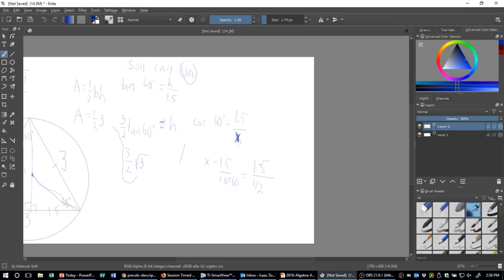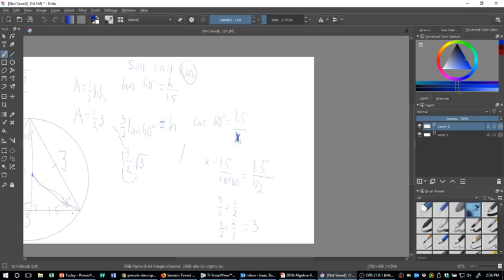So this is like 3 over 2 divided by 1 over 2. Change that to multiplying by the reciprocal, and this is 6 over 2, or 3. That is the radius length. It's the hypotenuse of this triangle, but also the radius length.